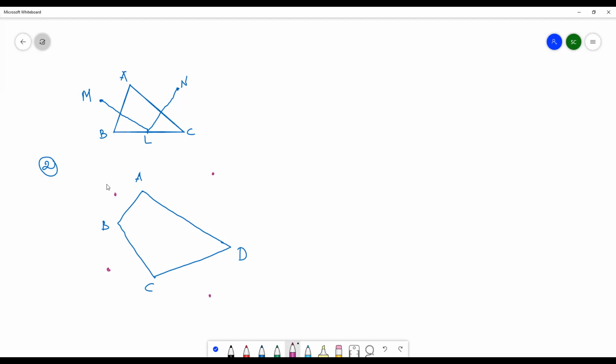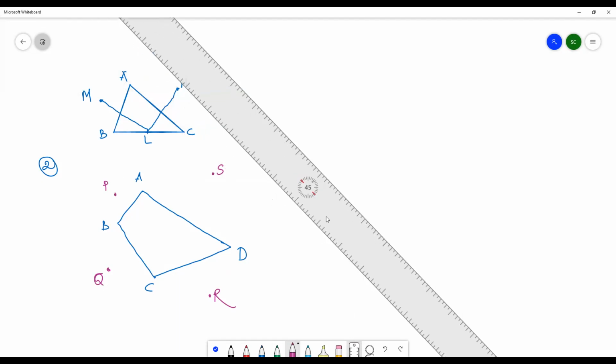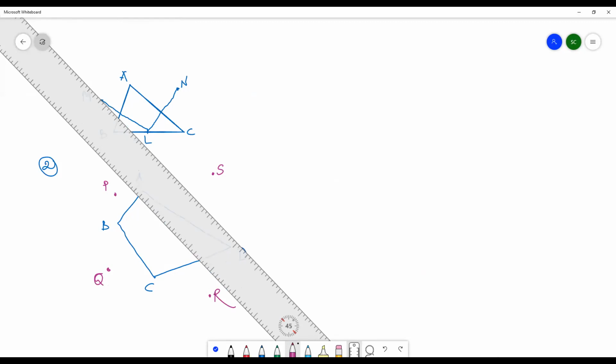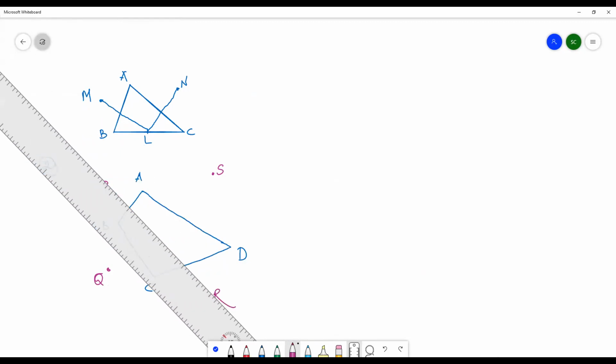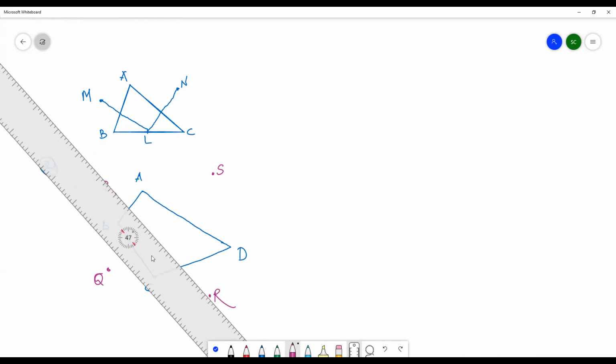Okay, P, Q, R, and S, right? So we are supposed to prove, okay, let me use this tool they have provided us with. We are supposed to prove, you can start proving if you want, PR equal and perpendicular to QS.